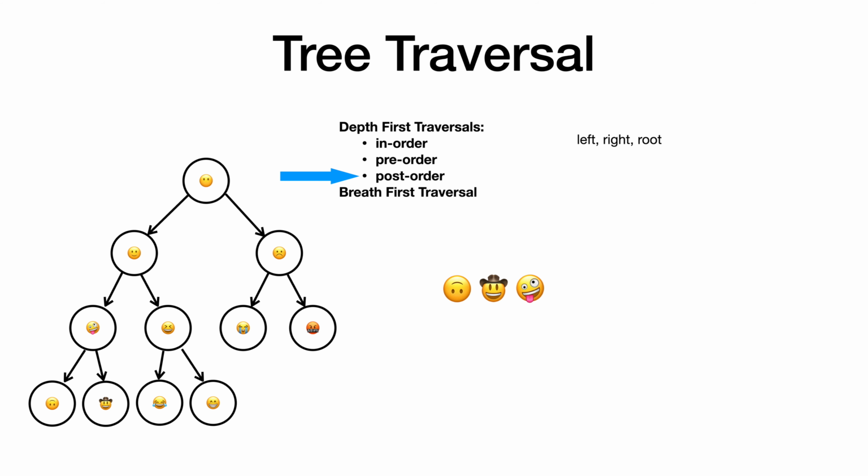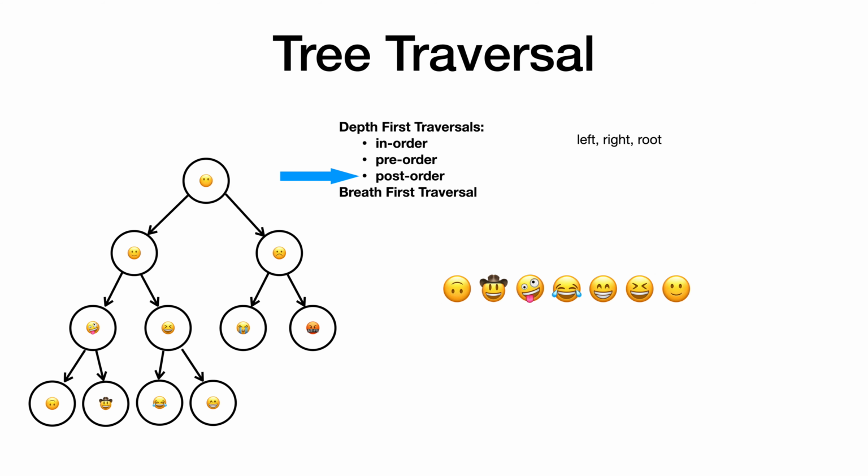So that means we have the laugh cry face and then the smiling face before the laughing face gets printed. And again, you can see that traversal order there, very exemplified. Now both of its children have been printed, so the happy face can print itself.